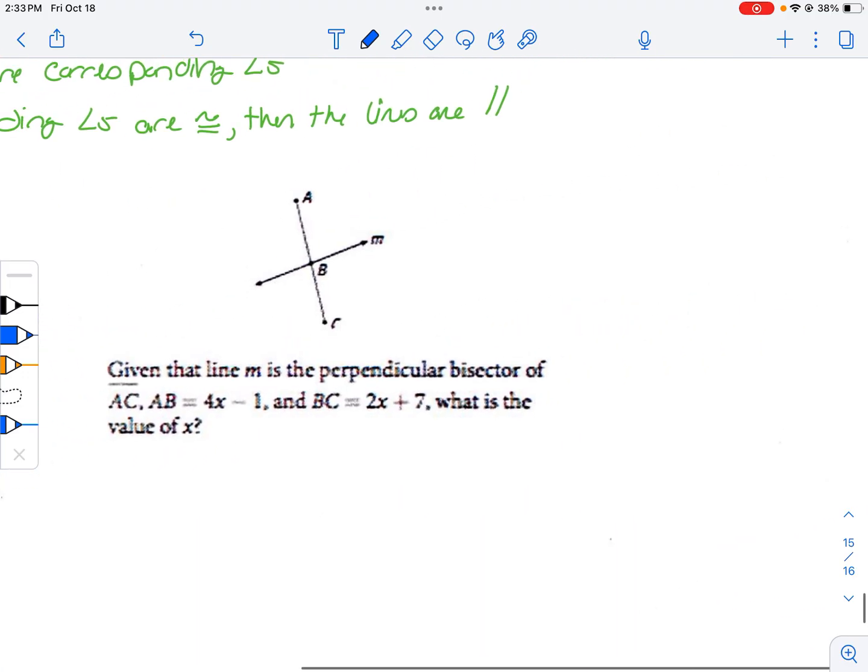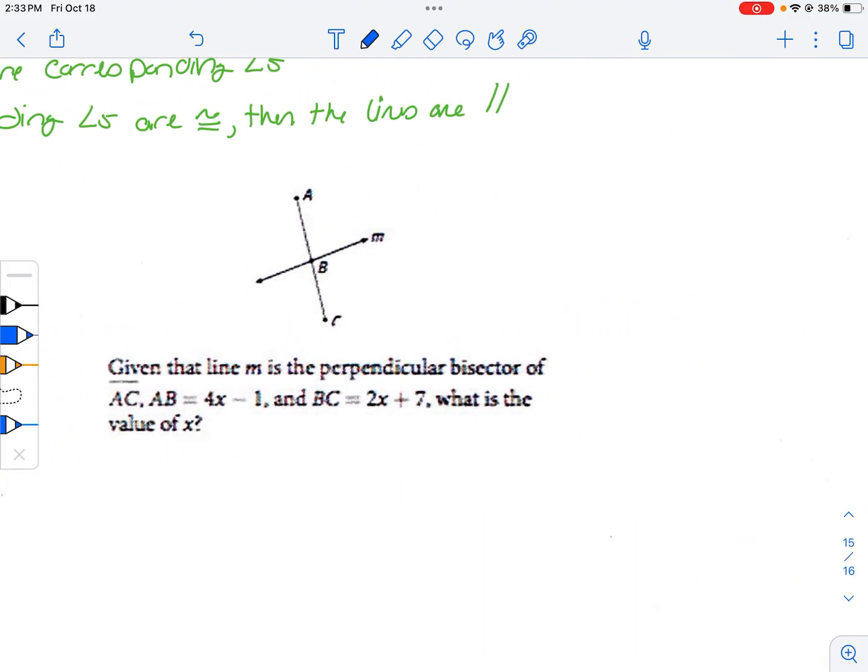Okay, however, if we go to the next example, given that line M is the perpendicular bisector, okay, so now that we know that line M is the perpendicular bisector of AC, we know that these two pieces are equal, and we know that there's a right angle here. Now, with that in mind, can we answer this question? It says that segment AB, so that's here to here, is 4x minus 1. We know that BC, from here to here, is 2x plus 7.